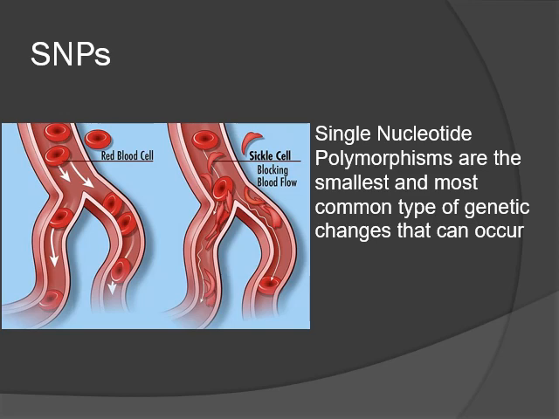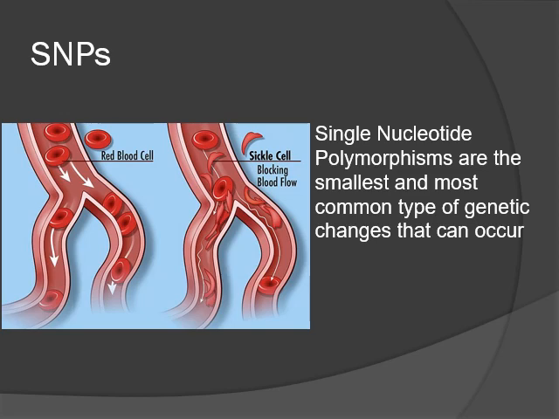So if you have a genetic sequence of, say, GATTACA, and this is the normal DNA, the single nucleotide polymorphism might be GTTTACA. There's a single nucleotide change.